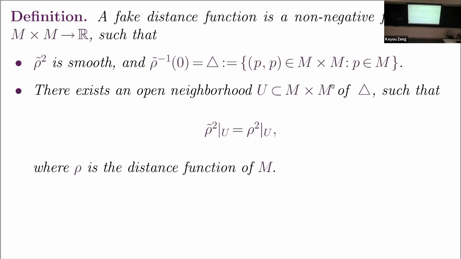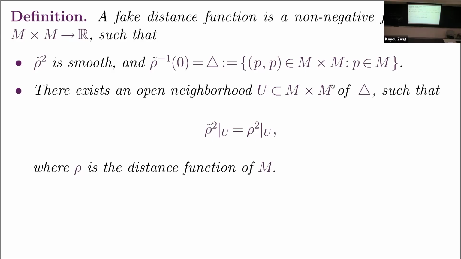Now I also need to introduce this concept, which is called a fake distance function. A fake distance function is just a non-negative function such that its square is a smooth function, and the zero set of the fake distance function is just the diagonal.